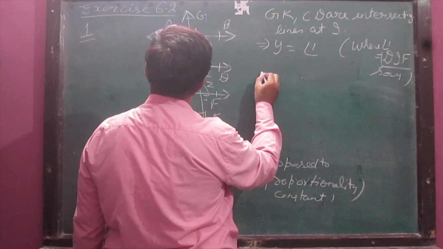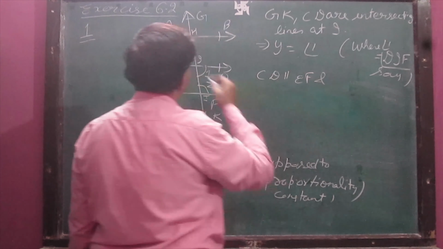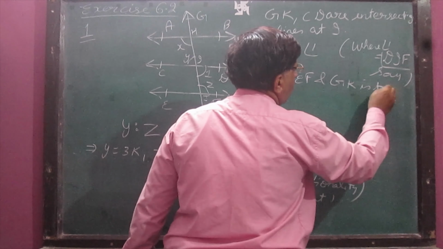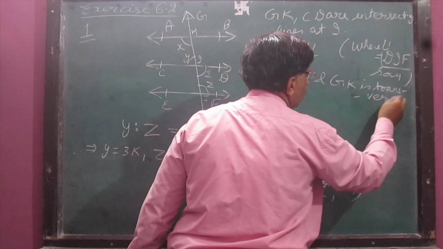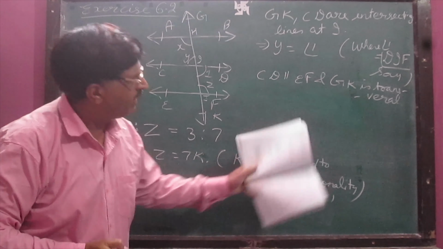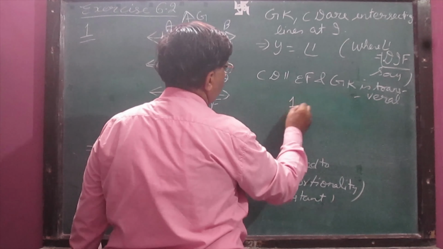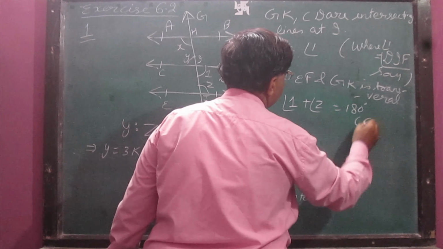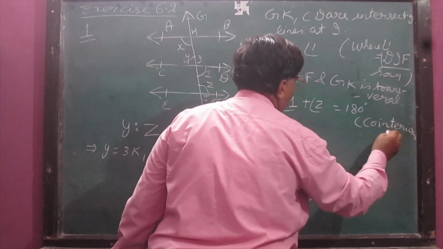Another way: you have CD parallel to EF and GK is a transversal. I have told you, whenever you are to use these properties, you must name the lines to be parallel, and the transversal line shows angle 1 plus Z equals 180 degree. Reason: co-interior angles.